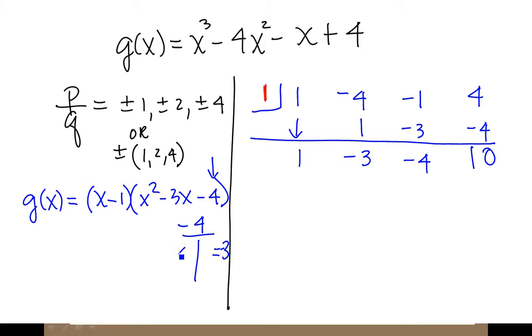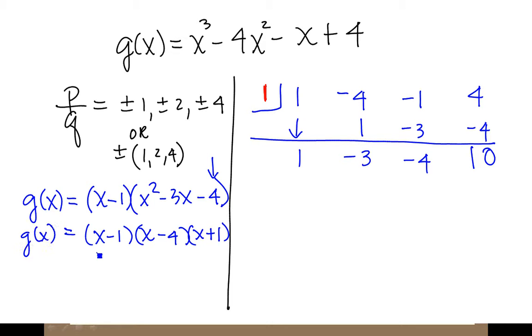Let's see, 4 and 1, but the 4 needs to be negative. x minus 4 times x plus 1. So if I multiply this out, I will get back x squared minus 3x minus 4.